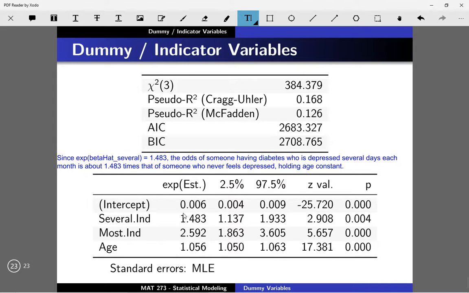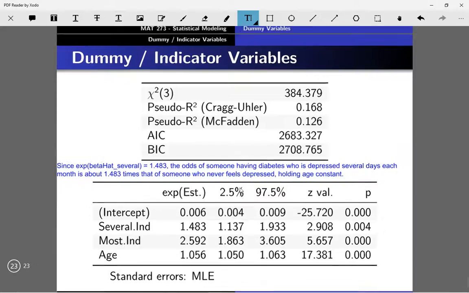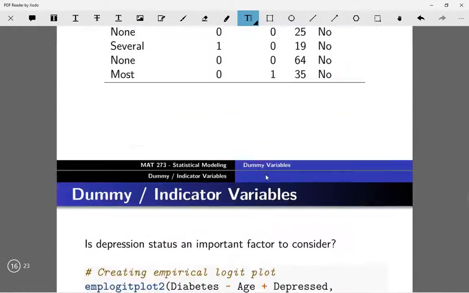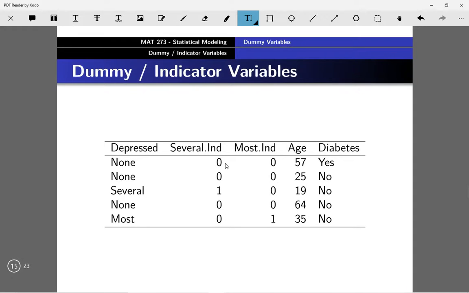Interpretations of these other estimates are just relative to the baseline category. If we think about how the data is coded, we have an indicator variable for several, an indicator variable for most, but we don't have an indicator variable for none. So this gets absorbed. Sometimes people say it gets absorbed into the intercept term.